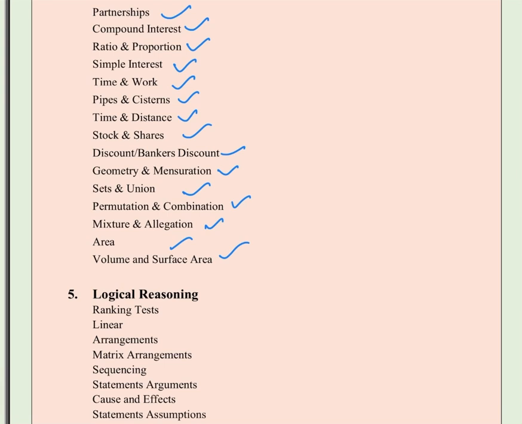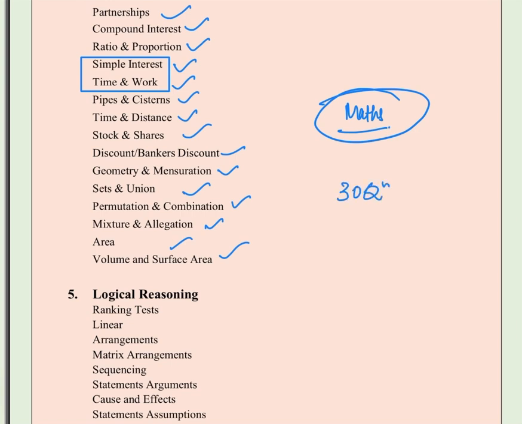I have met many students who feel that maths doesn't need revision, but believe me, maths also needs revision. For example, from the topic simple interest and time and work, you have completed 30 questions. Before the exam, you have to revise all these 30 questions.